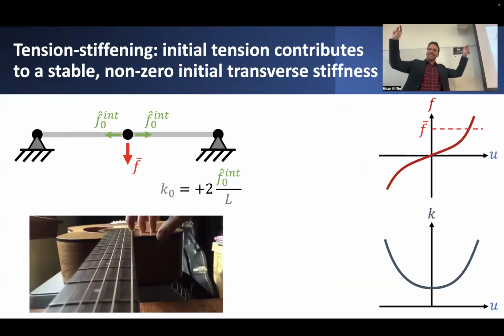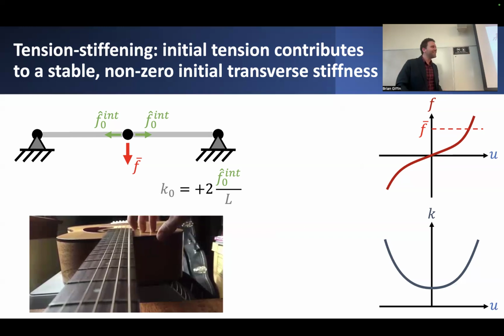Suppose we still had that initially straight member, perfectly straight to begin with, and we wanted to do the same thing, apply some transverse load to it. But what if we said, let's imagine that we had put some initial strain or some initial tension into this cable, such that now, relative to the initial undeformed configuration, we could compute what is the contribution to the initial stiffness of this system, assuming that it had some initial tension in it.